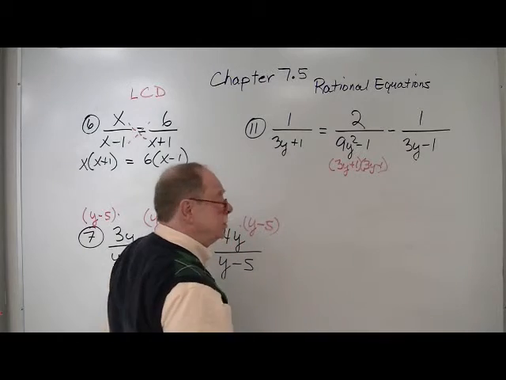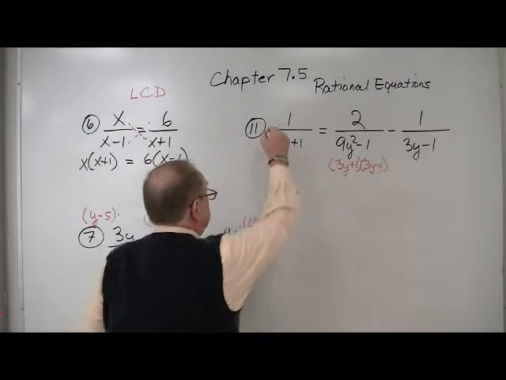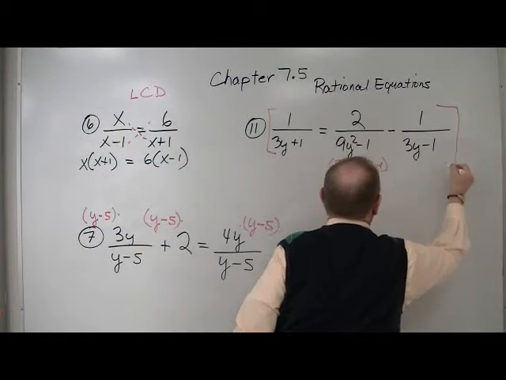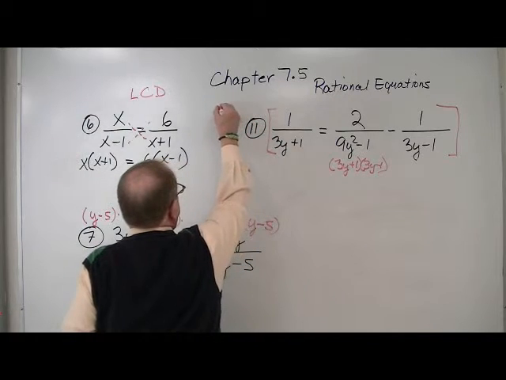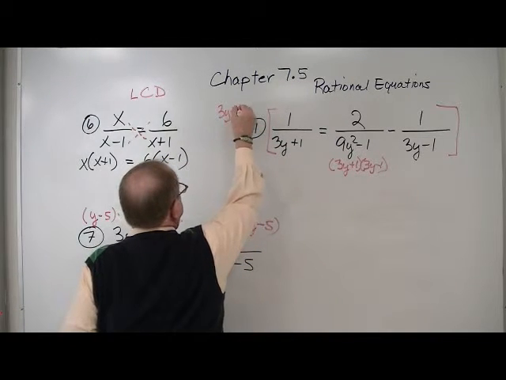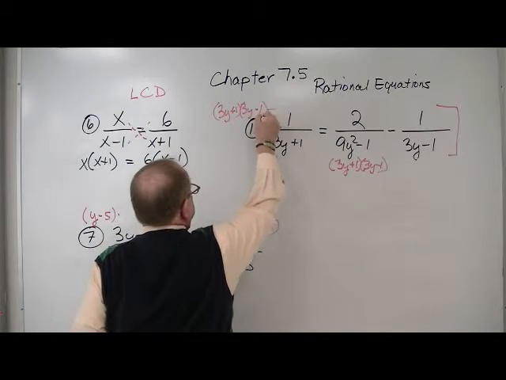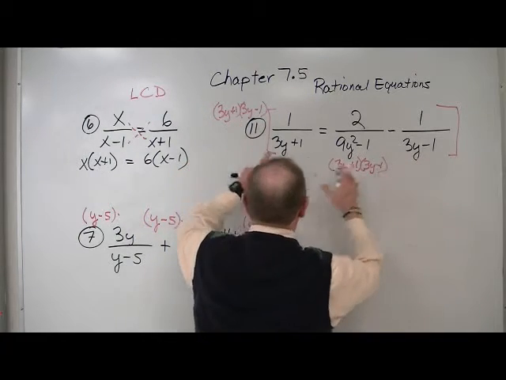Now, another way to do it, instead of putting it by each term, we could put a bracket out here, and then multiply everything by that. 3y plus 1, 3y minus 1. And we're going to multiply each term by that.